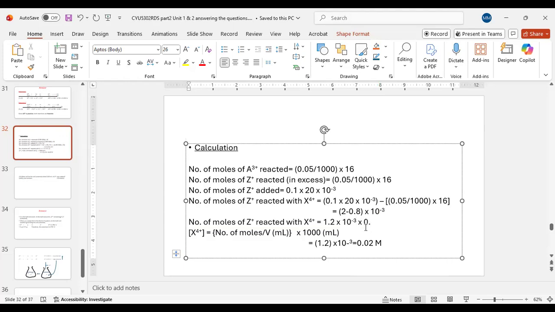I'll put it as 0.5, divided by 2 or 0.5. Then the concentration will be 0.6.